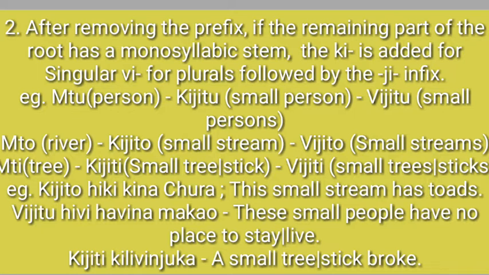Example, mtu, when you remove m it becomes tu. So it cannot be kitu, kitu is another noun. So mtu will become kijitu. You put the ki and put the infix g between the ki and the root. So it becomes kijitu. Mto, kijito. Mti, kijiti. Note that kijiti can be a small tree or a stick. Okay?